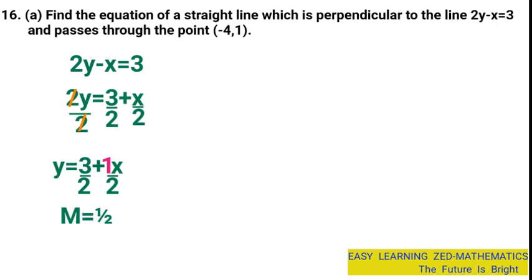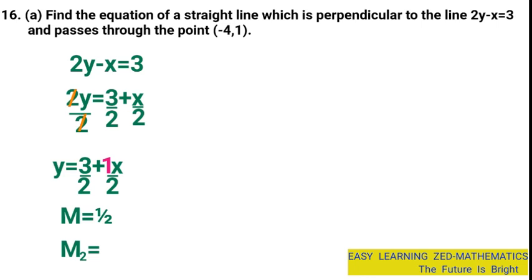So for me to find the gradient of the second equation, I'm going to find the inverse of 1 over 2. The inverse of 1 over 2 is 2 over 1. So I'm going to write m is equal to, and now this gradient is going to be in negative form, so I'm going to have negative 2.